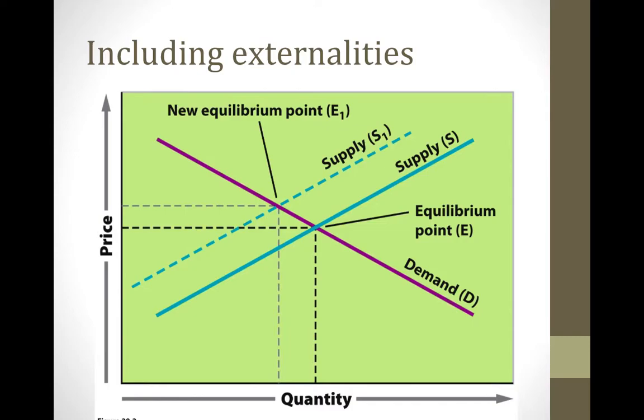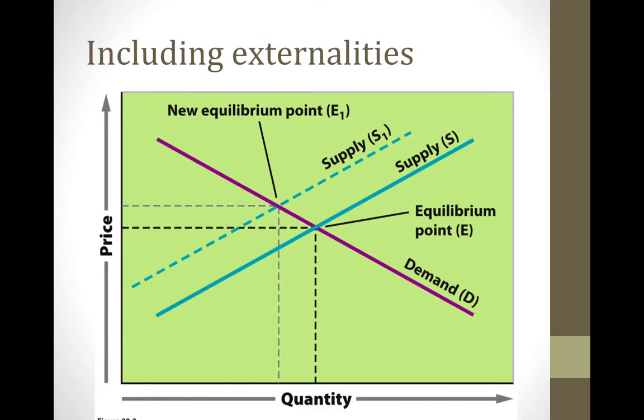And so as we move back along the demand curve, we see a new line for supply. Basically, what this graph is trying to say is that when externalities are included in the price of a product, then the demand for that product will generally decrease and the supply of that product will generally decrease as well. So the manufacturer will not be able to make as much of that product because there will be a higher price.